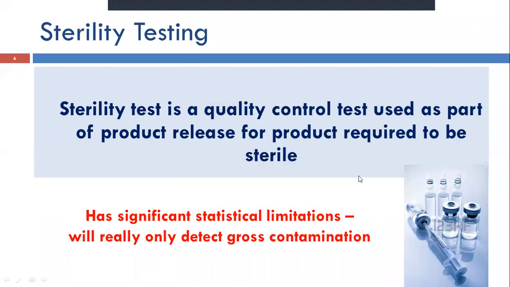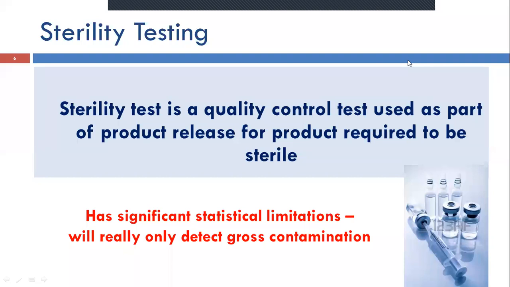Can anybody tell me where those 100 microorganisms are? Let us say there are 10,000 vials filled with the final product, which is sterilized but contaminated with 100 bacteria. Where will those 100 bacteria be present? Can anybody tell me? Is it possible to tell this? No, sir, it is definitely not possible.